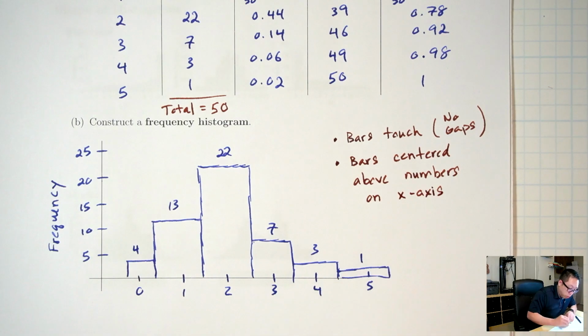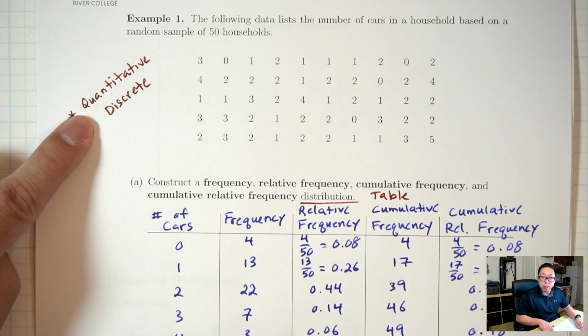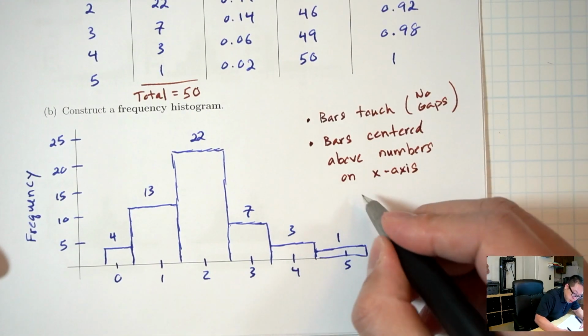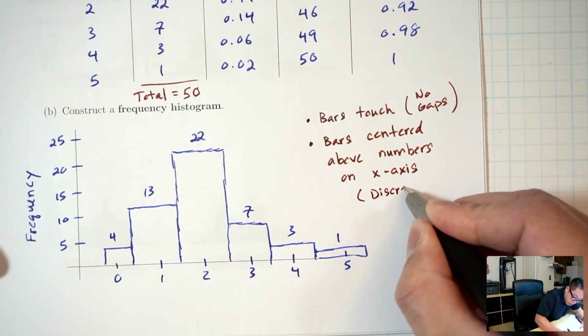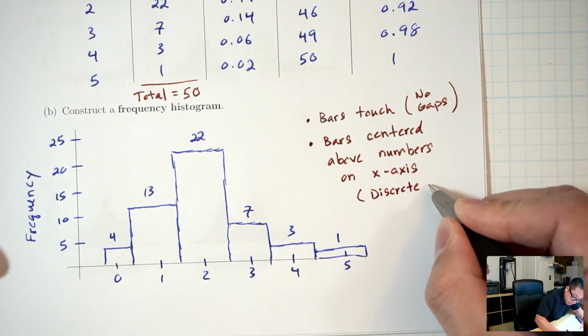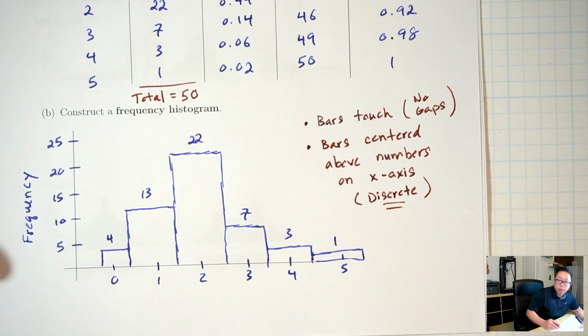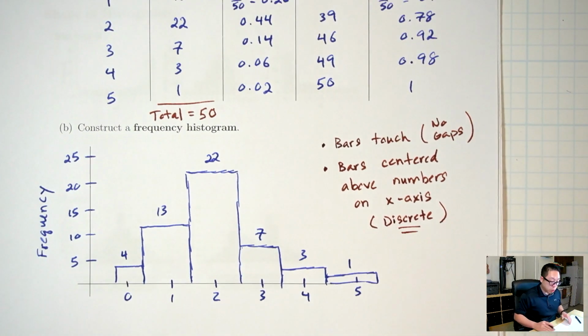And this is only for quantitative discrete. So later on, when we talk about quantitative continuous, I'll say something different there.